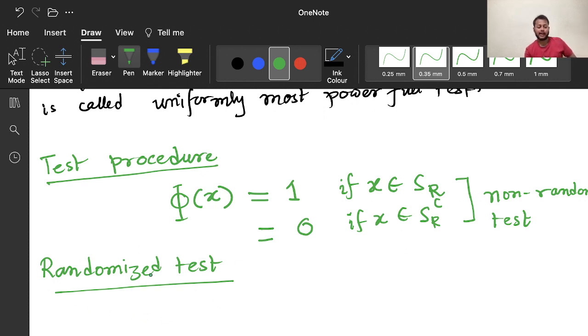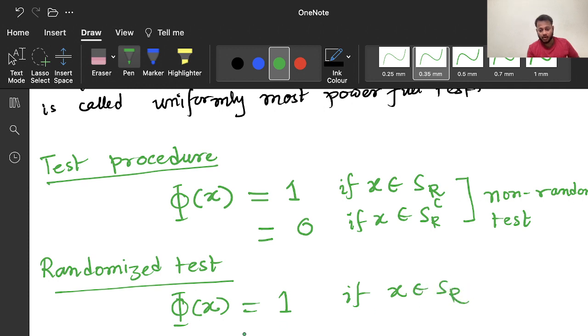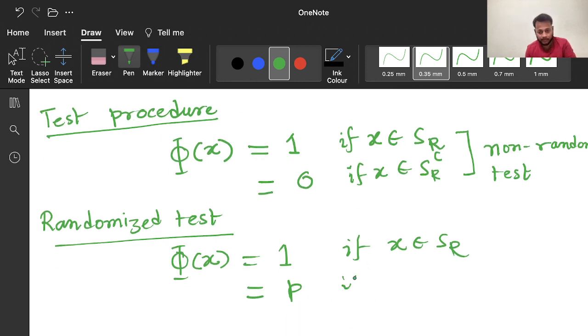That test is defined as a function of the variable. It will be 1 if x belongs to SR, or it will be P if x belongs to some region A star, and equal to 0 if x belongs to SA.